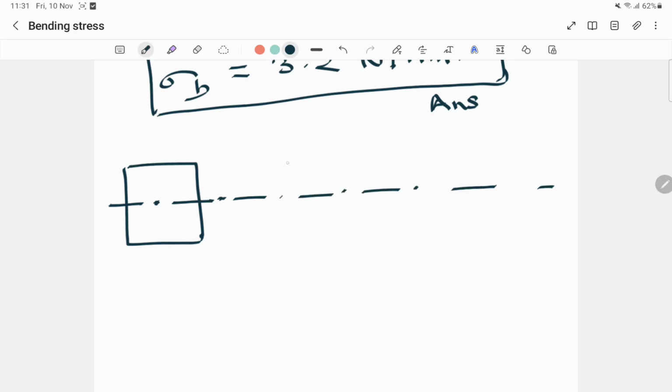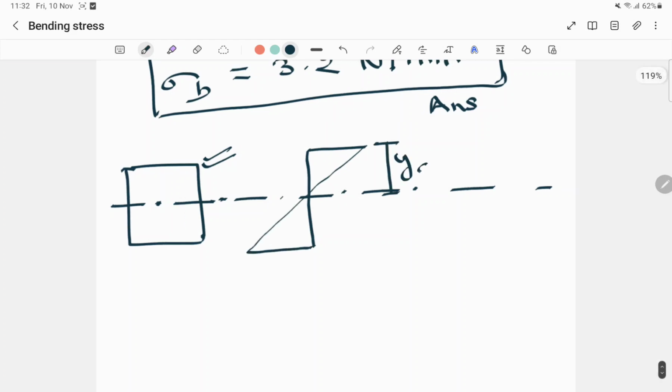For this type of rectangular section, which is symmetric, the distribution diagram will be equally distributed. This is sigma c, the compression side, and this is sigma t, the tension side. This is stress as tension and this is stress as compression.